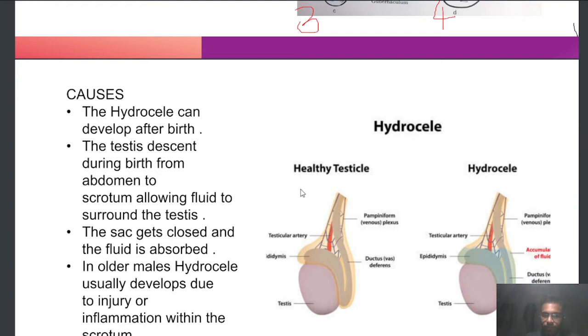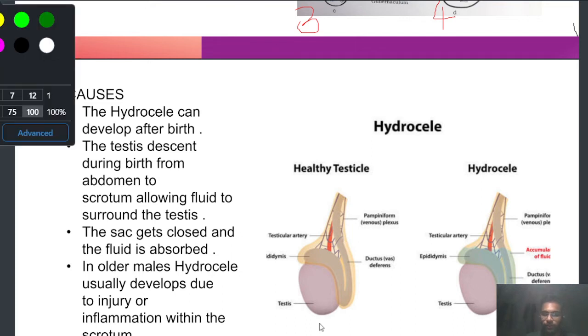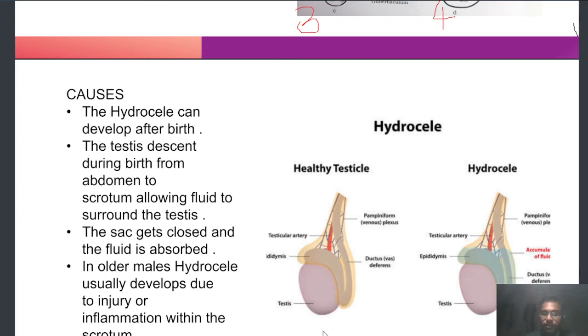So you can see in this diagram, this is basically a more correct, anatomically correct diagram, which will help you understand hydrocele in a better anatomical sense. What I have been showing you guys are diagrams to build your concepts, but this is a more anatomy-based diagram. You can see there is the testes here, there's the epididymis, where the physiological maturation of sperms takes place.